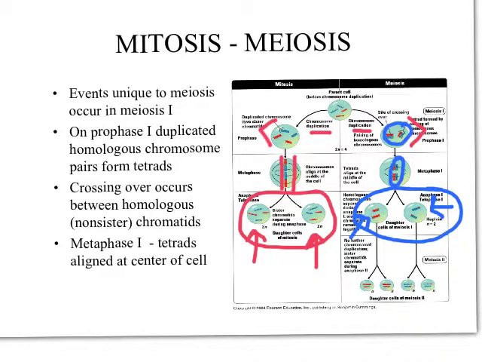This is what we call a haploid, because we only have half of the chromosomes in each cell. We've got the dad's half in one cell and the mom's half in the other cell. So this is basically the biggest difference between mitosis and meiosis.